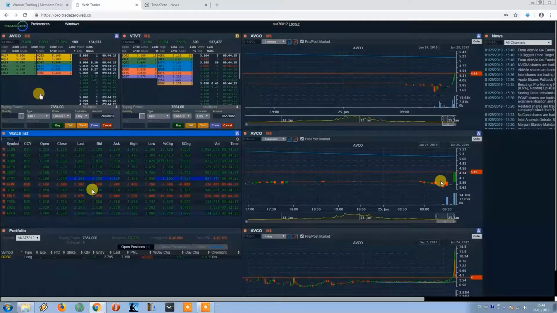That is pretty impossible with all the stocks. There are very few options on getting a scanner of stocks. I know there are some platforms, my platform here being Trade Zero. There are other platforms that offer stock scanning options. Trade Zero doesn't do that. So I have to rely on an external stock scanner.